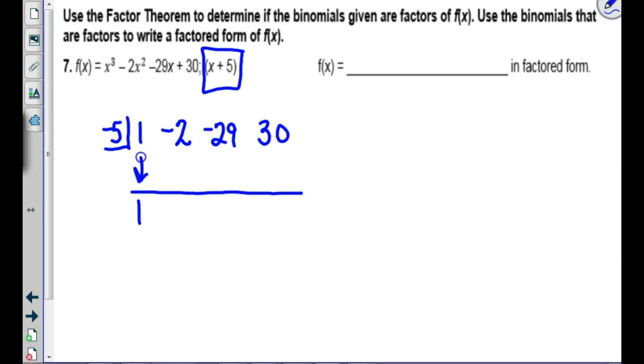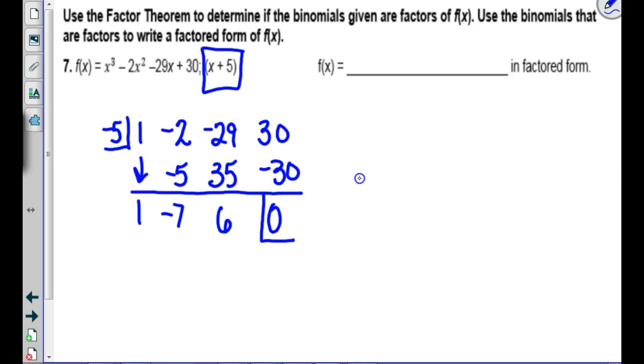Add, good. So the remainder 0 shows that it is a factor.